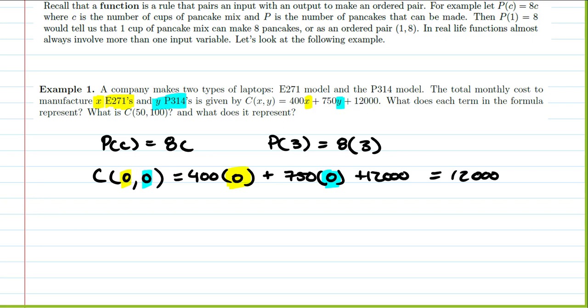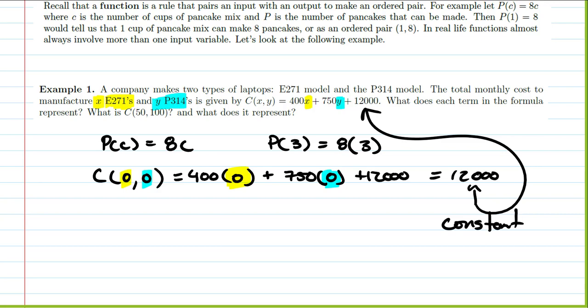12,000. So first of all, what does this represent? Well, the 12,000 is the constant term from our function. So in terms of this business application, the 12,000 represents the base manufacturing cost or the fixed cost.